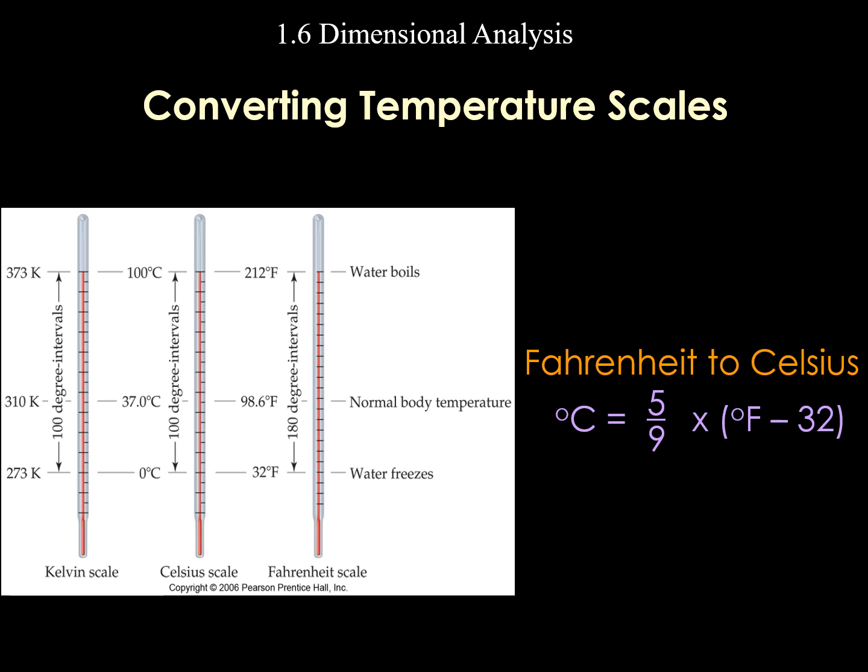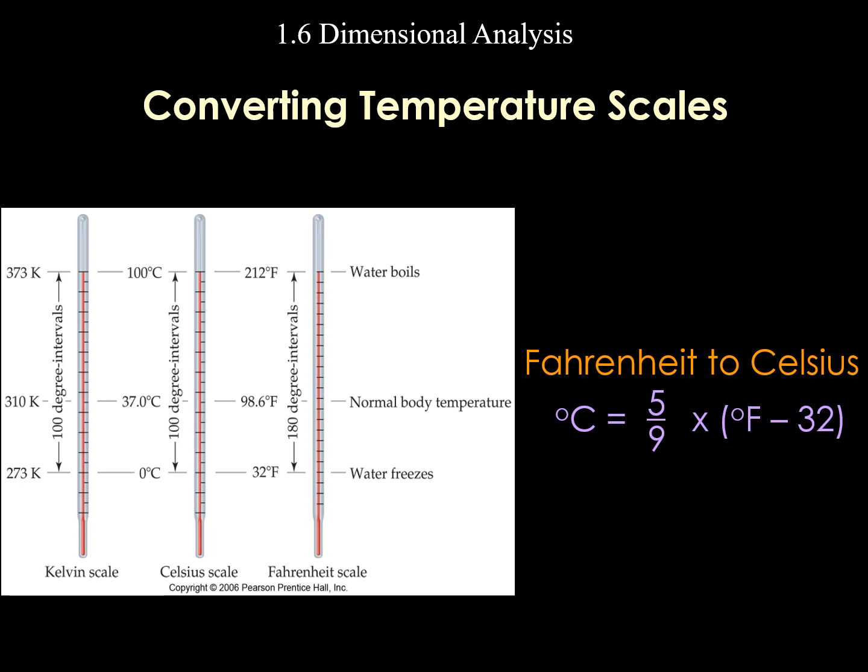This is a formula used to find Celsius. Again, our SI unit in general for temperature is Kelvin, but there are times on your exam you'll be asked to convert from one to the other, from Celsius to Fahrenheit. If you're given Celsius and you want to convert to Kelvin, you have to add 273.